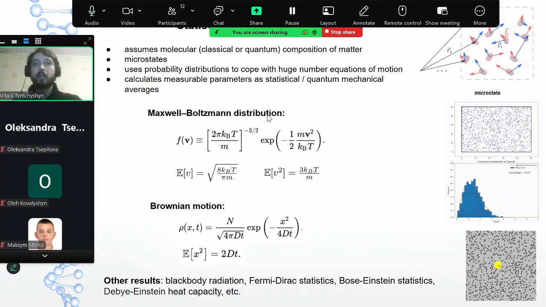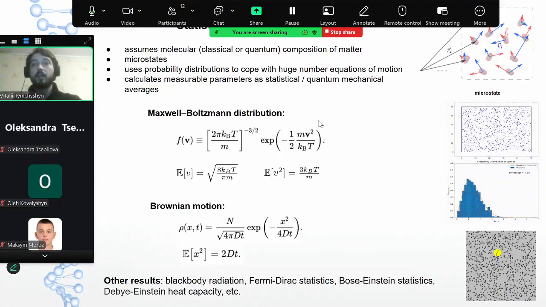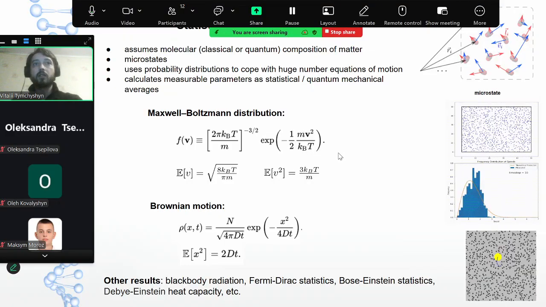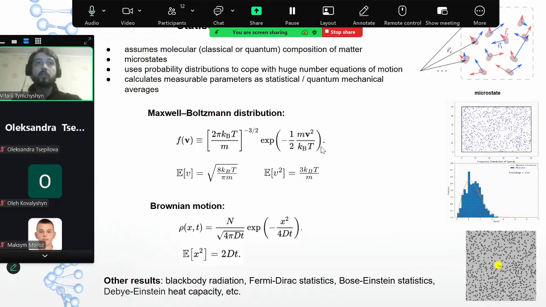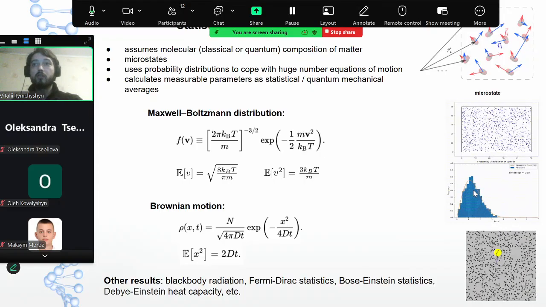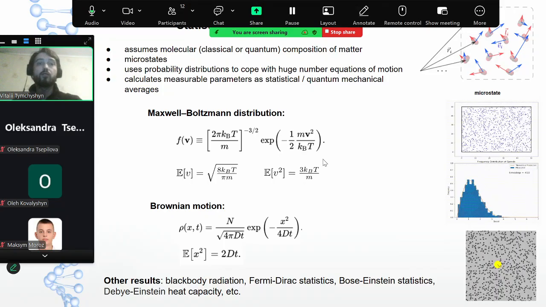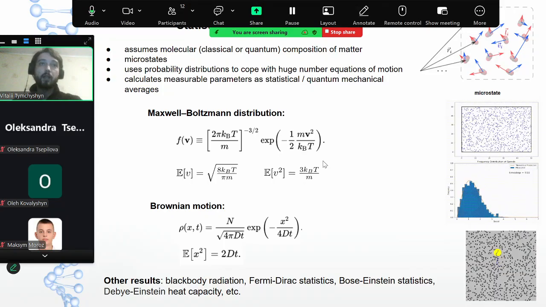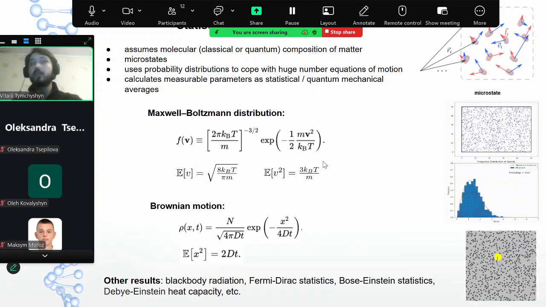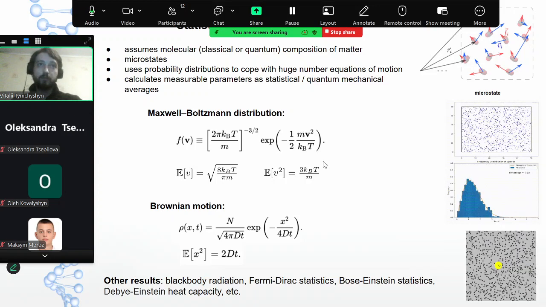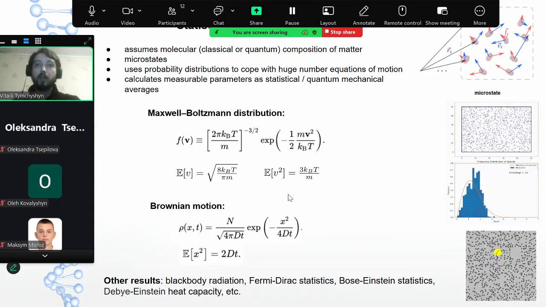So here is the Maxwell-Boltzmann distribution that basically tells us how many molecules may have a certain velocity, and so on and so forth. And you can use that to calculate, for example, how many molecules are able to undergo a certain chemical reaction because they have enough kinetic energy to get into that reaction.